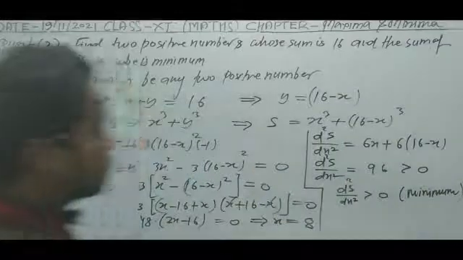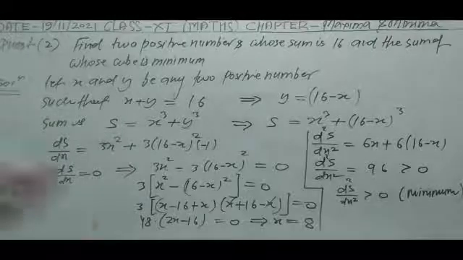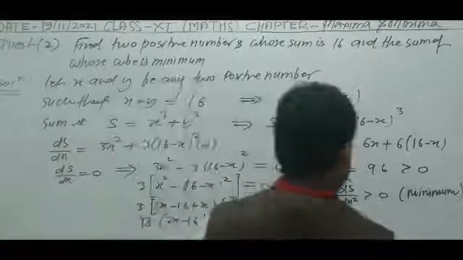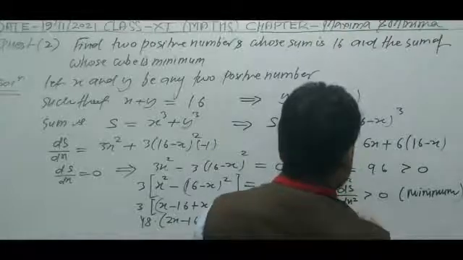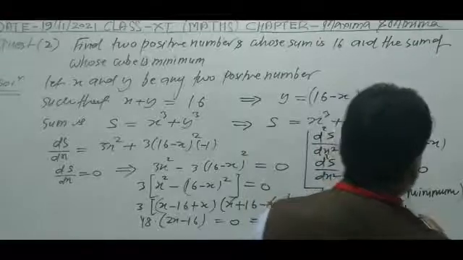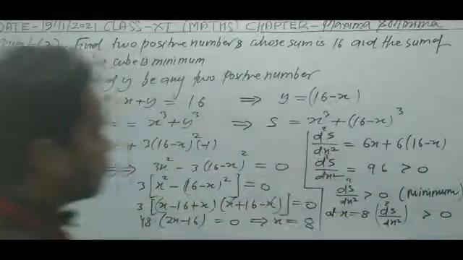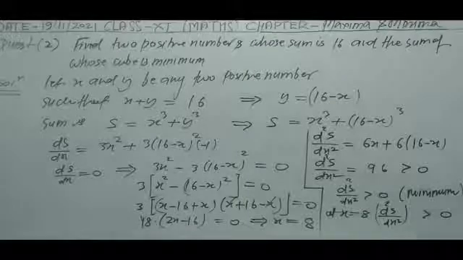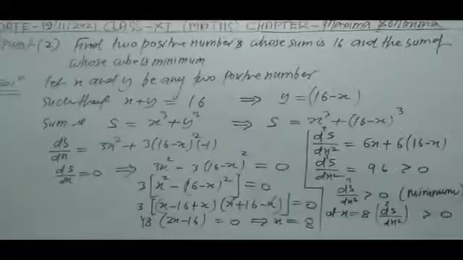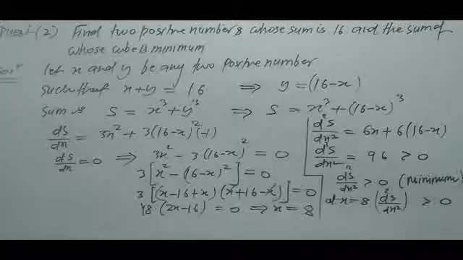Minimum. Now in case of minimum, at this point x is equal to 8, d2S upon dx square is also more than 0. So the sum is 16 and the sum of cubes is minimum.